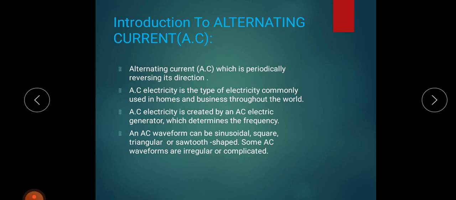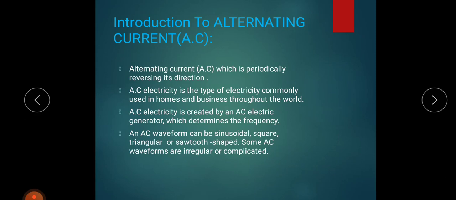In case of direct current, DC, which is the one directional flow of the electric charge, it does not change the direction. In case of alternating current, it is periodically reversing its direction with respect to the time.